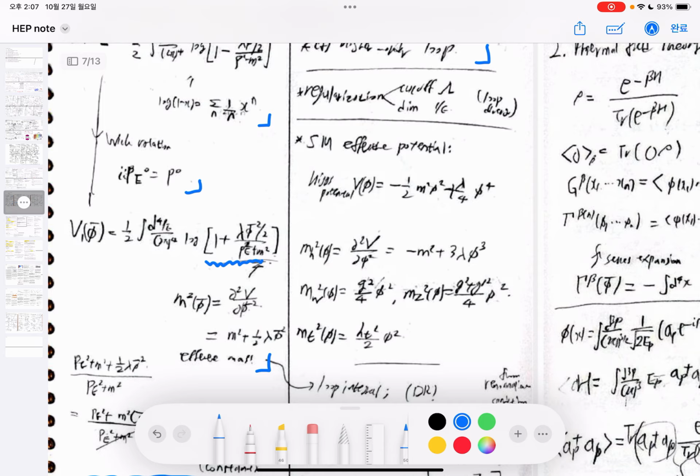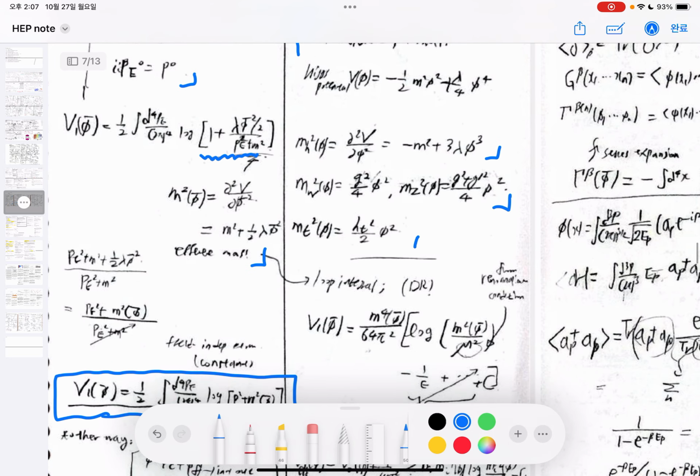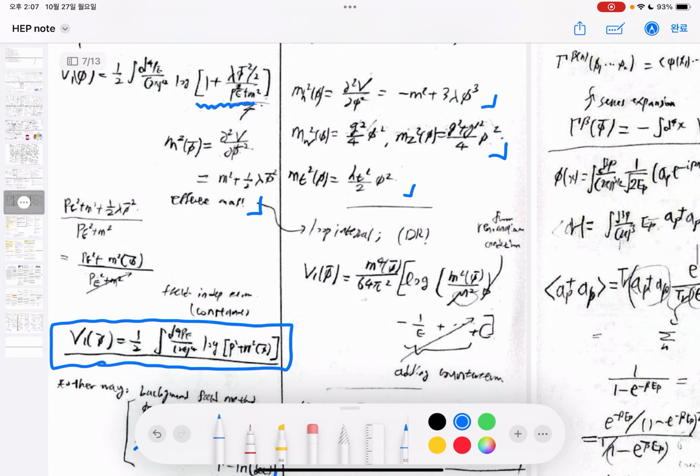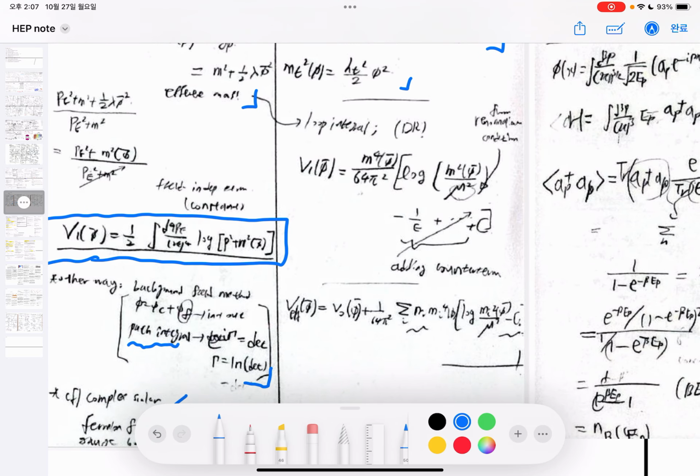If we apply this to the standard model case, then the contributions come from the Higgs quartic coupling, the W and Z gauge boson masses, and among the fermions, only the top Yukawa coupling contributes because it is the dominant one compared to the other fermions. This was already discussed in the previous videos on the effective action and effective potential.